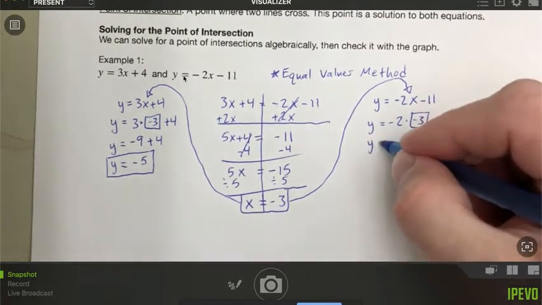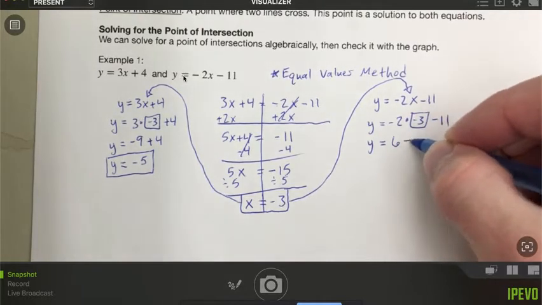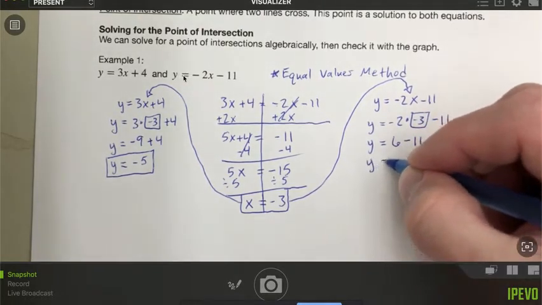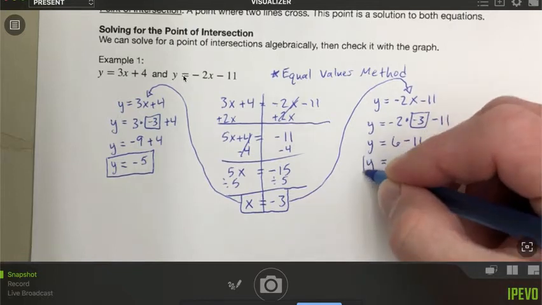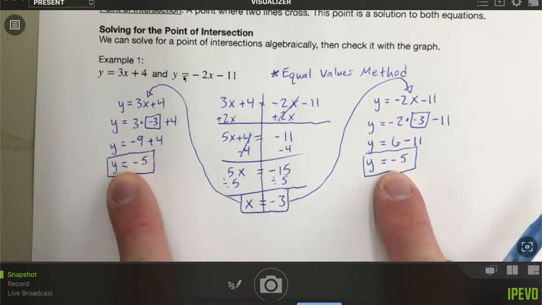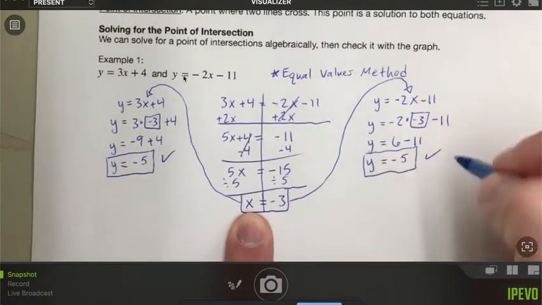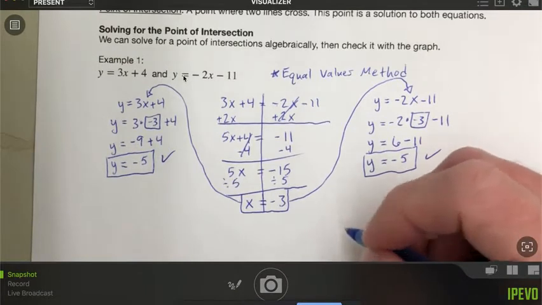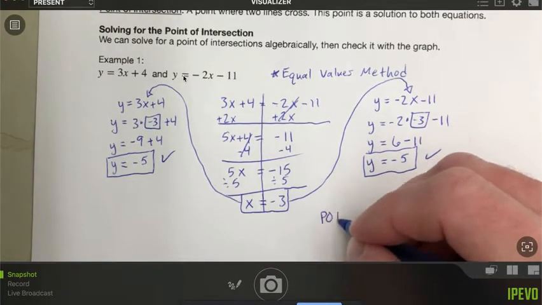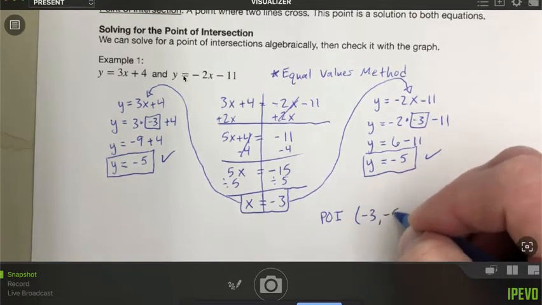So now we get y equals negative 2 times negative 3 will be positive 6, minus 11. y equals negative 5. So notice how in both cases, because y is the same value, I know that my solution here was correct. So for shorthand, I'm going to say for point of intersection that it's negative 3, negative 5.